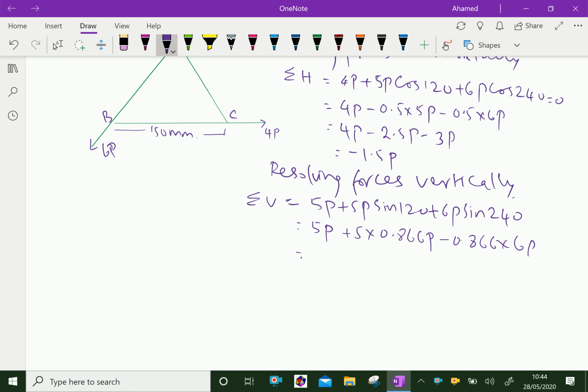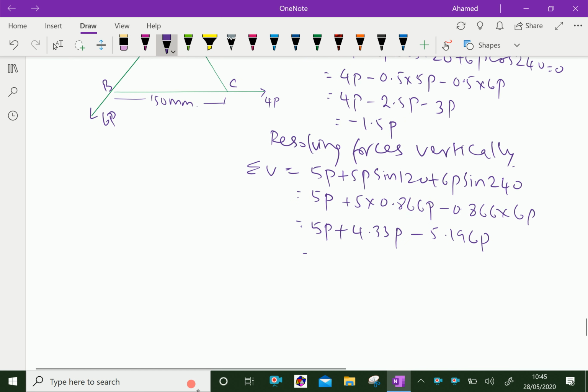So 5 into 0.866 equals 4.33P, minus 0.866 into 6 equals 5.196P.